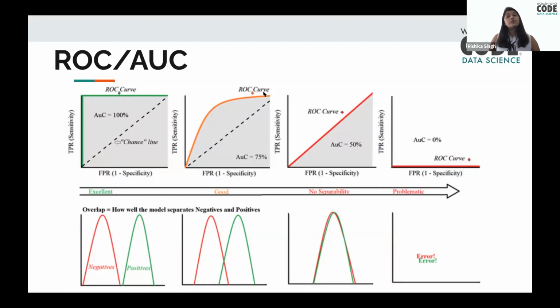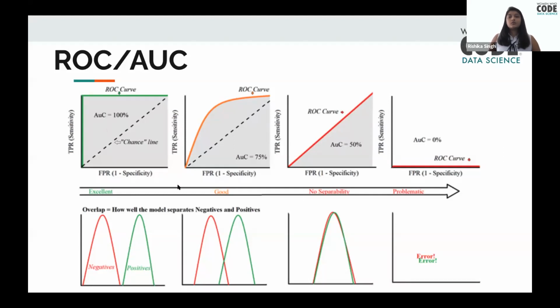Similarly, if you were to increase the threshold, we get the opposite result, where we get more negative values. And so thus we get higher specificity, but we get lower sensitivity. And so as we know, FPR is 1 minus specificity. So when we actually increase the TPR, the FPR also increases and vice versa.